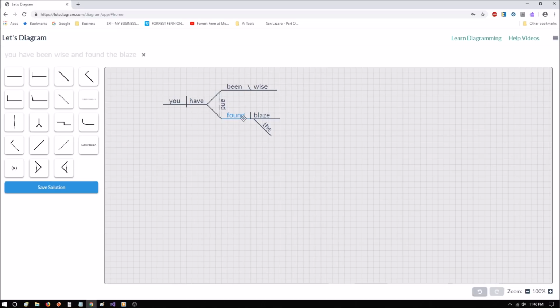And like Forrest said, there's millions of blazes out there. People are wasting their time walking around looking for blazes. There's millions of them. Well, that's a huge hint that he gave you right there, that you're using the wrong definition of found. He doesn't need to use the past participle version.